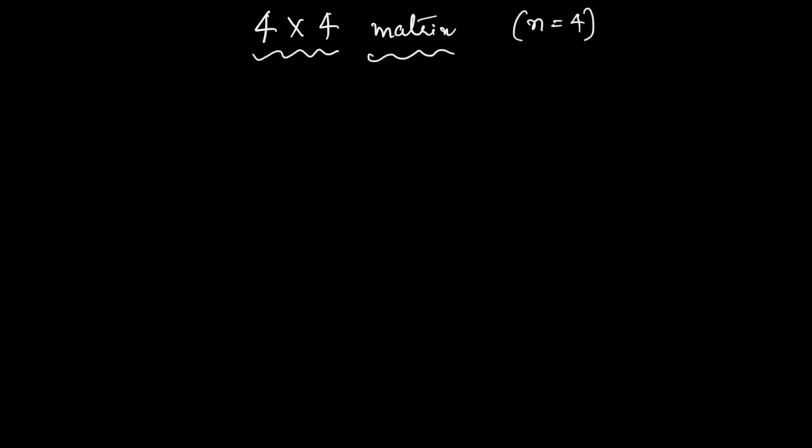So what is the solution? There are infinite number of solutions. There are infinite number of matrices possible for alpha and beta. I'll just mention two.